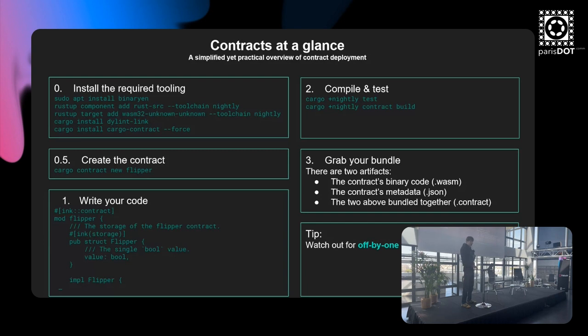Then it allows you to compile the contracts. It will generate two artifacts: the WASM file, and also a metadata file in JSON format. And that's it. I will then show you how to deploy such a contract.